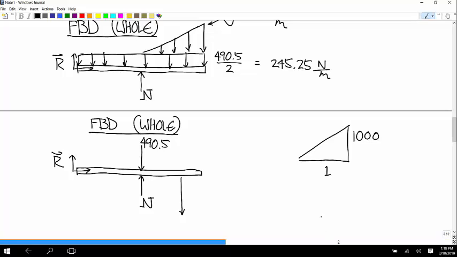So the total area is 1,000 times 1 divided by 2, so 500. The area is base times height over 2. And the centroid of a triangle is a third of the way from the wall side to the point side.